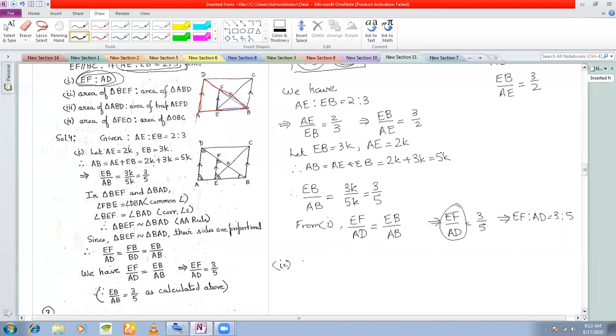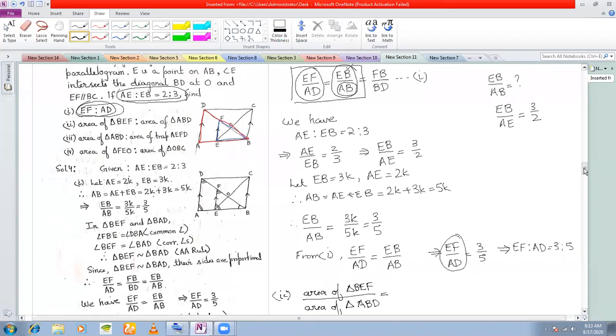You have already shown that these two triangles are similar. And what is the relation between areas of similar triangles? So we write area of triangle BEF divided by area of triangle ABD equals the square of the proportional sides. So let's see what are the proportional sides.